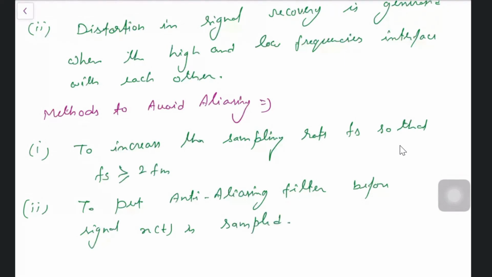You can use the anti-aliasing filter, but it should be before the sampling of the x(t) signal.